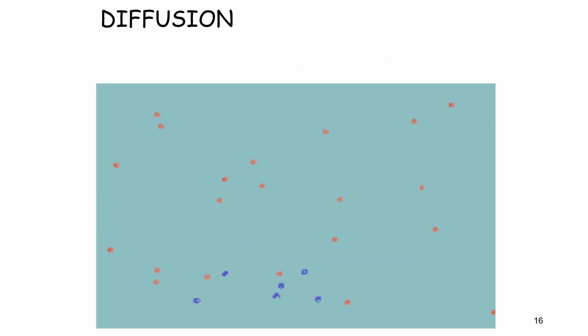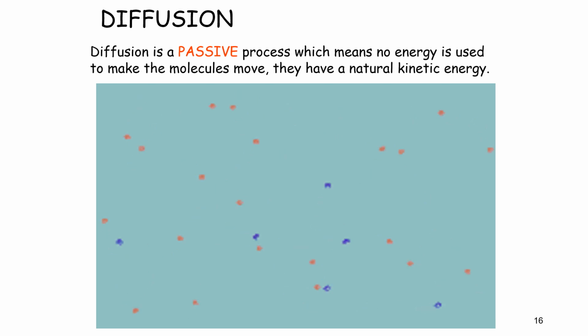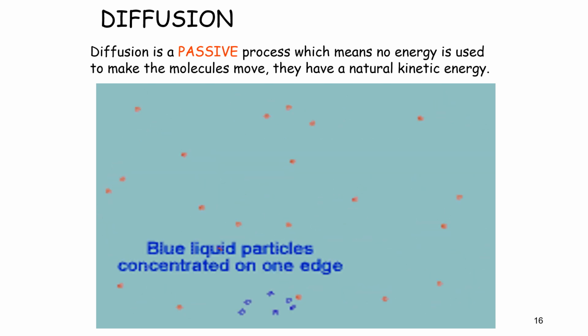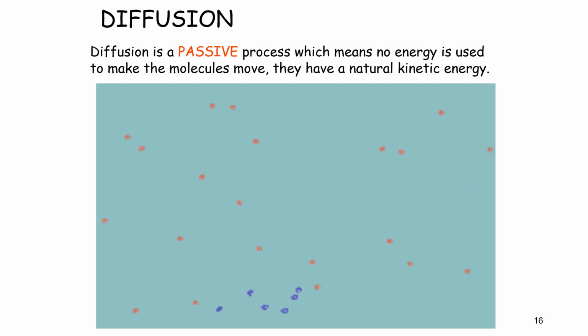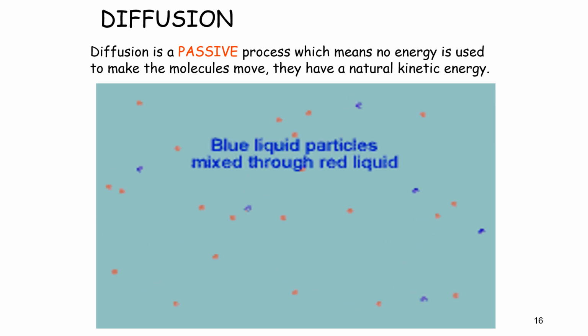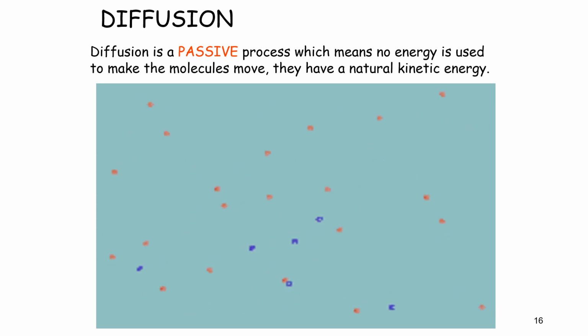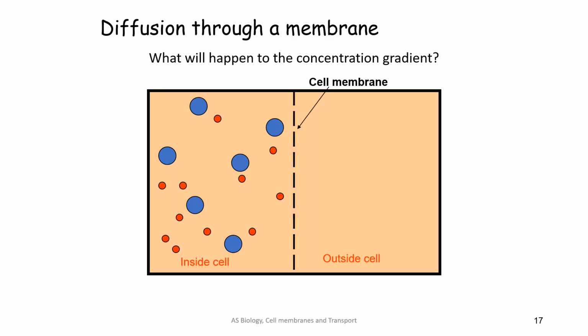As you can see in this animation, diffusion is a passive process. So it does not use any energy from the cell. The only energy that is being used is that natural kinetic energy inside of those particles, or those molecules, excuse me.